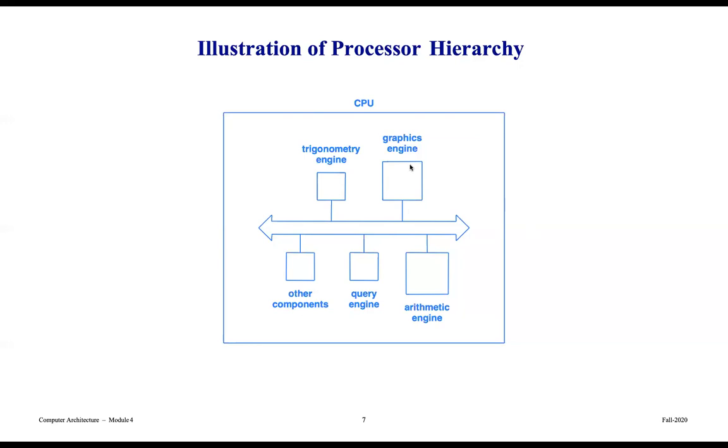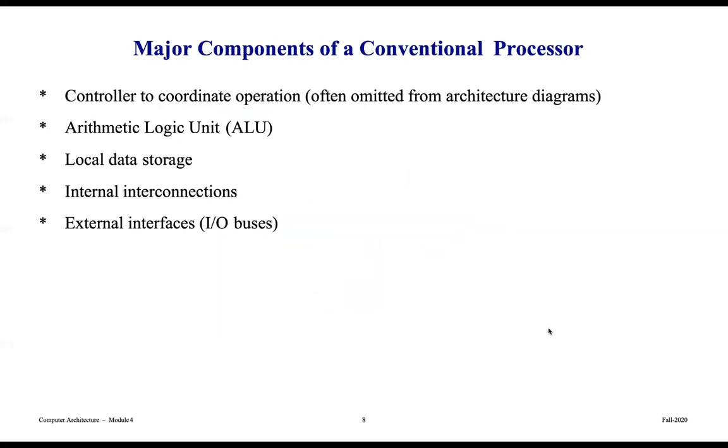There can be a graphic engine, whether that be a graphic card that's dealing with a GUI, graphical user interface. You can have coprocessors that are dealing with things like trigonometry, and other kinds of components. And so the sky's the limit as you move forward.